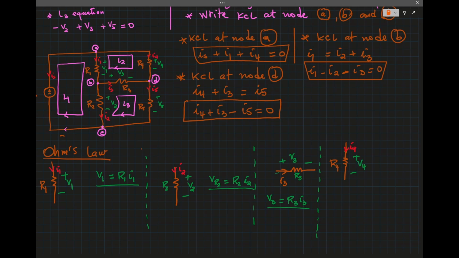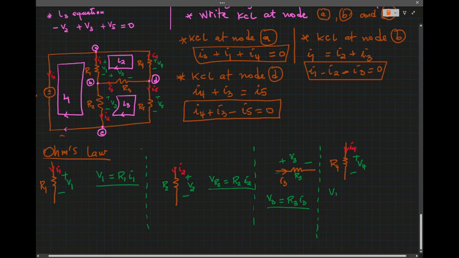The current is also flowing from plus to minus, so V4 is R4 I4.